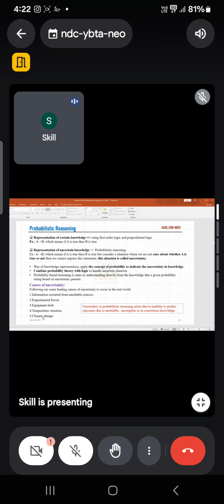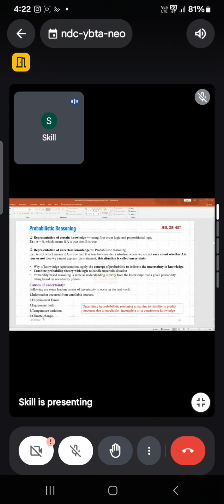So the causes of uncertainty in the real world can be information obtained from unreliable resources, experimental errors, equipment fault, temperature variation, climate change. So these are the causes which give rise to uncertainty.